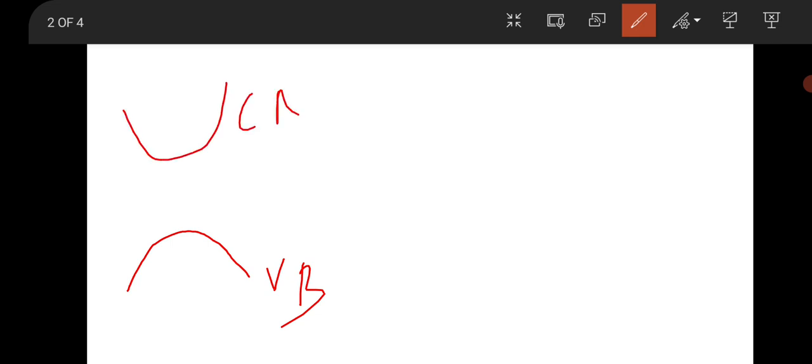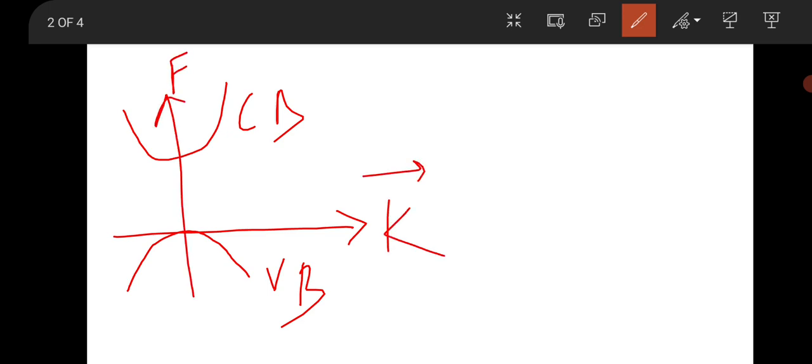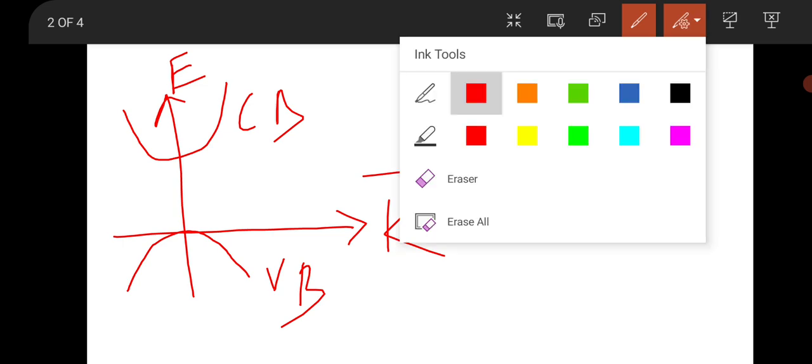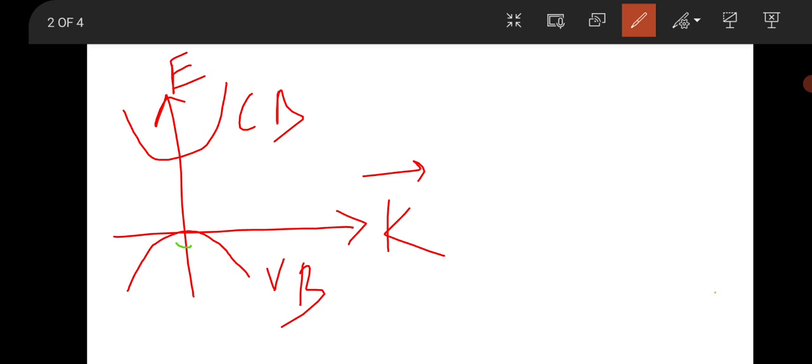This is the k axis, and this is our energy axis, E axis. This is the maxima of the valency band, and this is the minima of the conduction band.